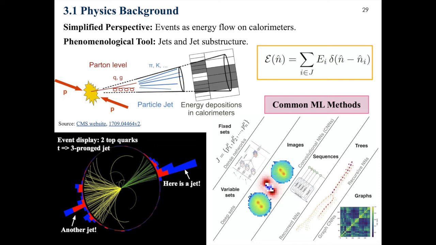These jets, which are just collimated sprays of final state particles, are a very good phenomenological tool for us to study the underlying hard collisions because jets originating from different hard processes tend to exhibit distinct substructures. For example, jets from the hadronic decay of a boosted heavy particle tend to have richer substructures than jets coming from a QCD background.